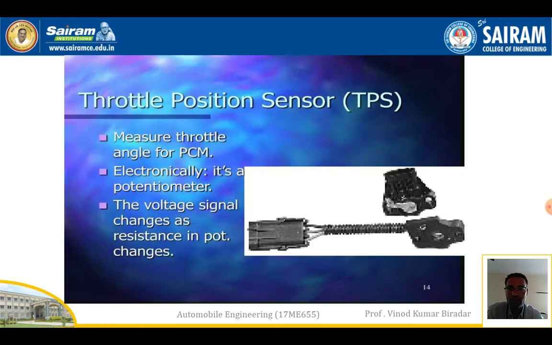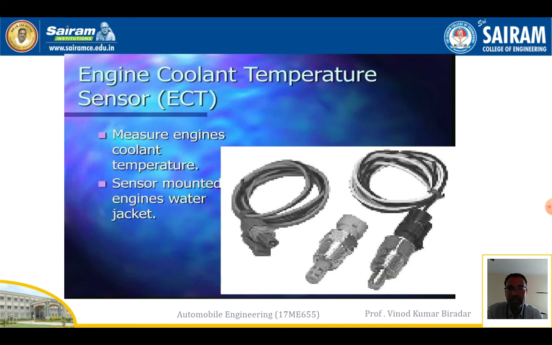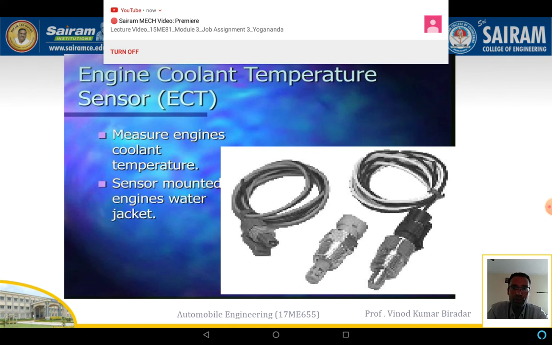Throttle position sensors measure the throttle angle for the PCM, as shown in the diagram, and send a voltage signal that changes with resistance. For the engine coolant temperature sensor, when running at high speed the temperature rises, and this sensor detects it. It measures the engine coolant temperature and is mounted on the engine water jacket. These are all components fitted on the vehicle to pass fuel to the engine cylinder.